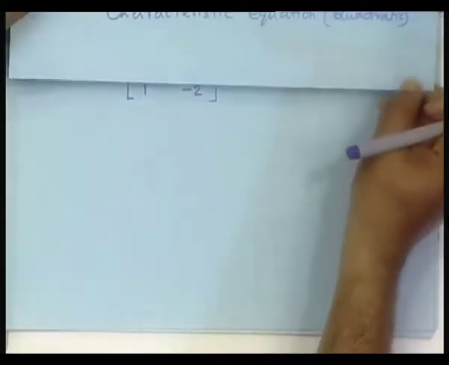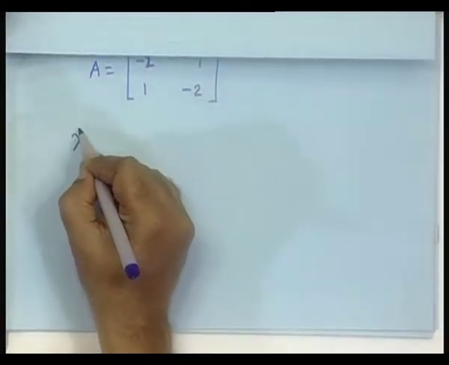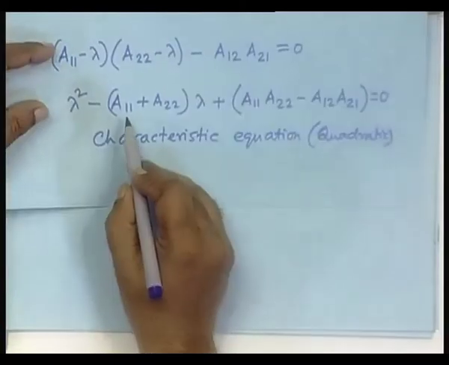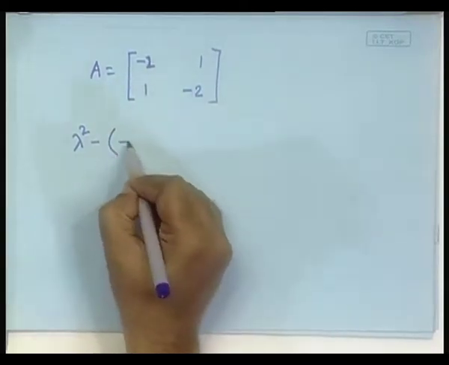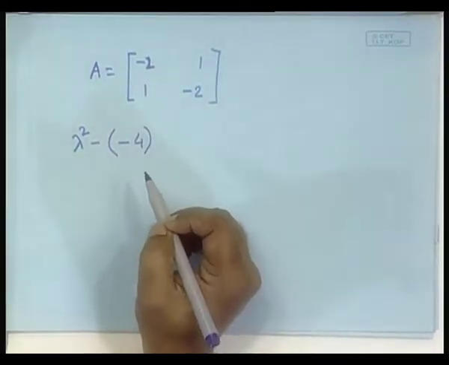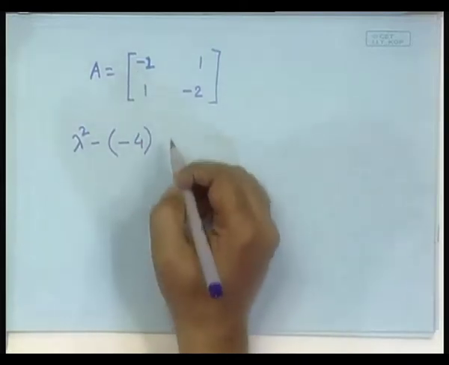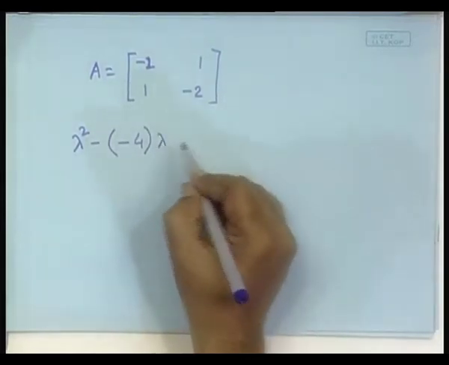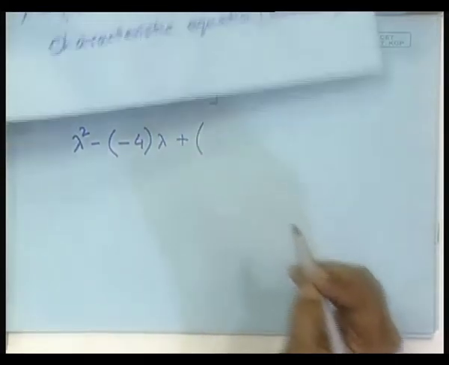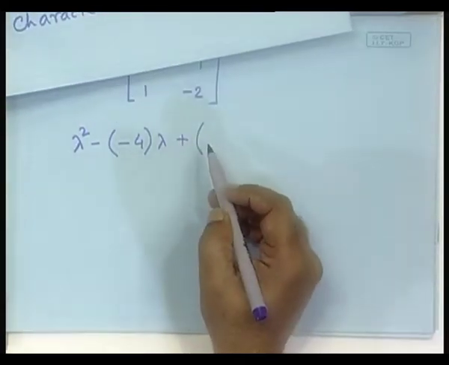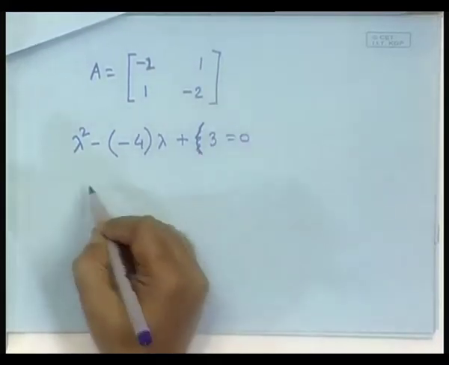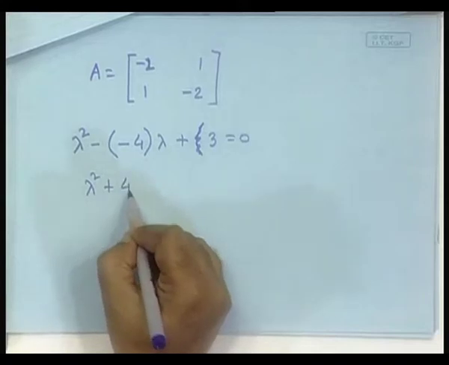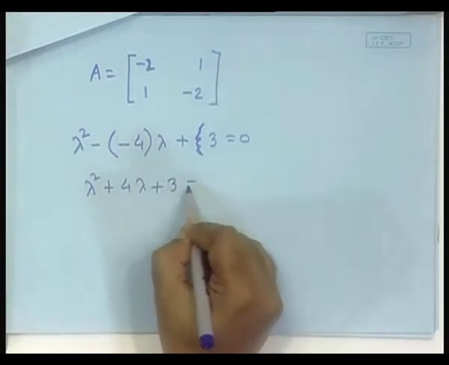The characteristic equation will be lambda square minus (A11 plus A22) lambda, where A11 plus A22 is minus 4, plus this comes to 3, is it? Okay, 3 is equal to 0. So, lambda square plus 4 lambda plus 3 equal to 0.